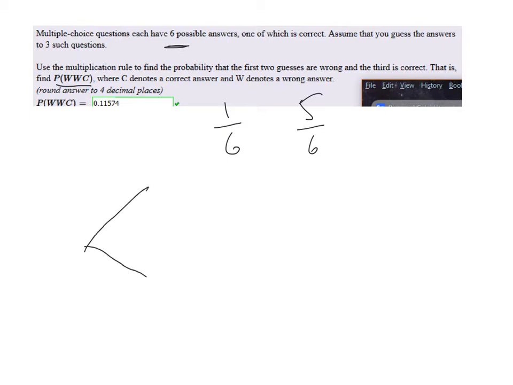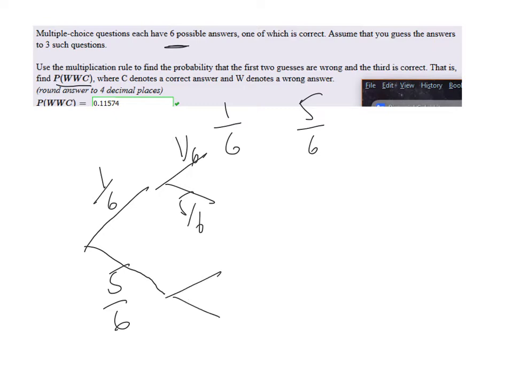So I said, well, is this a binomial distribution? I'm not sure. So I decided to tackle it this way. So the probability of me guessing and getting the first question correct is 1/6 right, 5/6 wrong. For the next question, 1 out of 6 and 5 out of 6. Down here, if I guessed wrong on the first one, 1 out of 6, 5 out of 6.